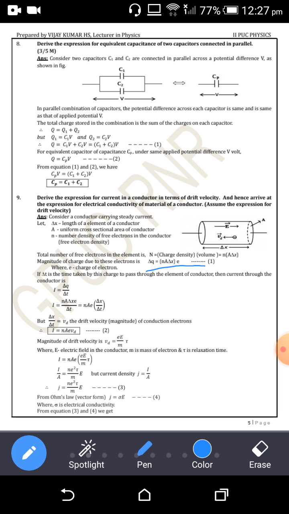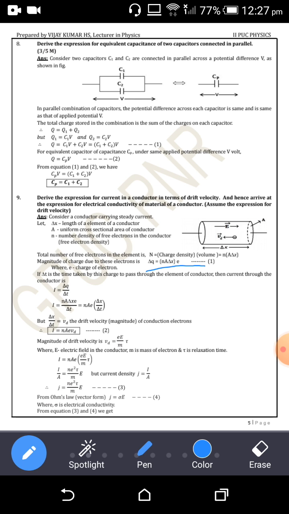The next is the magnitude of drift velocity, which we came across in the last class: v subscript d is equal to eE divided by m into tau.